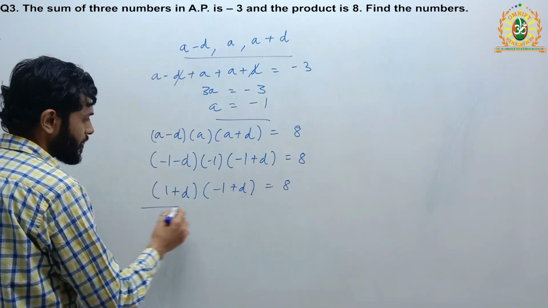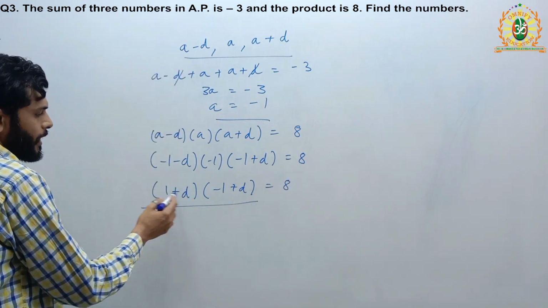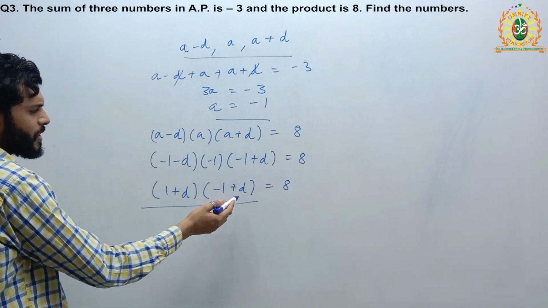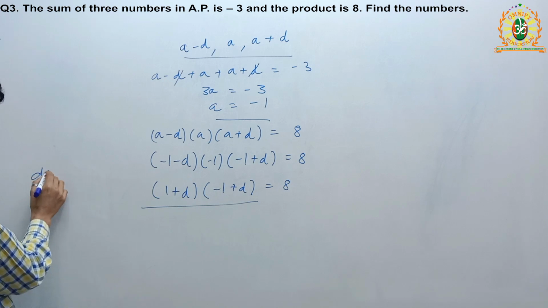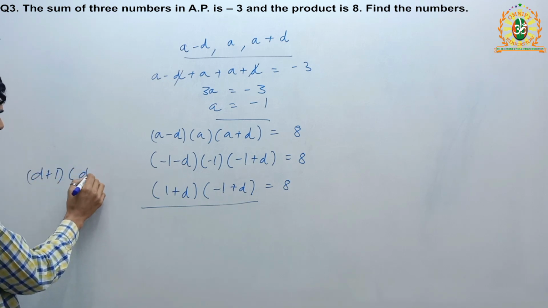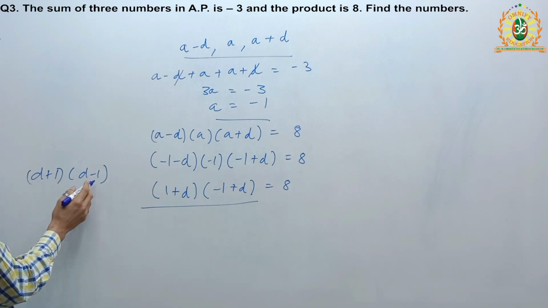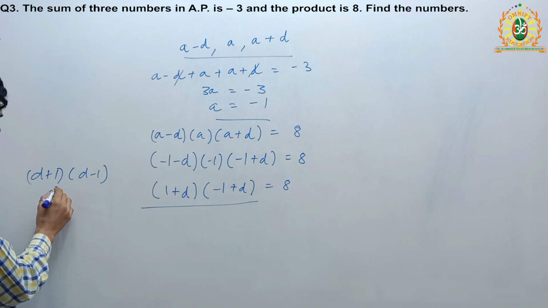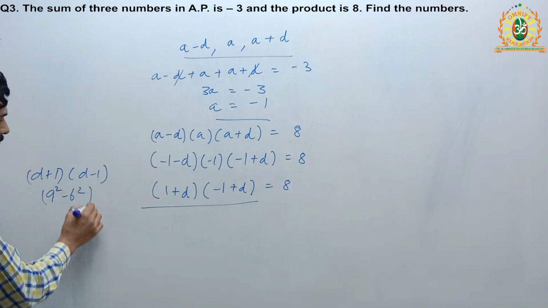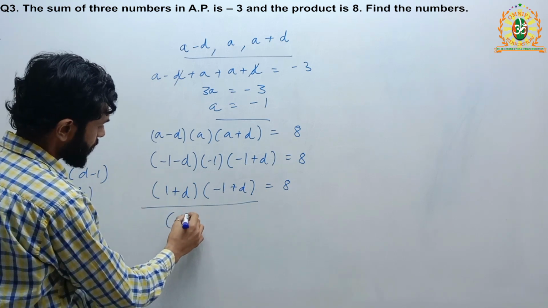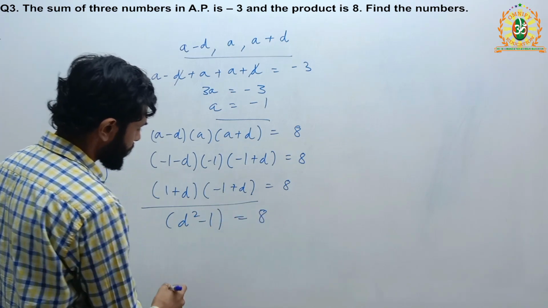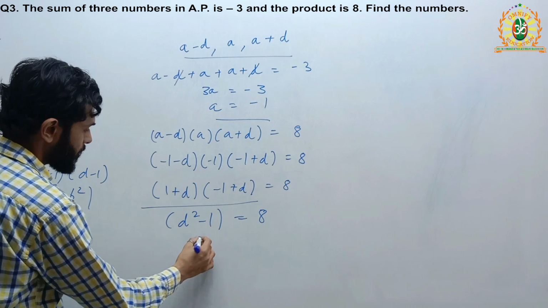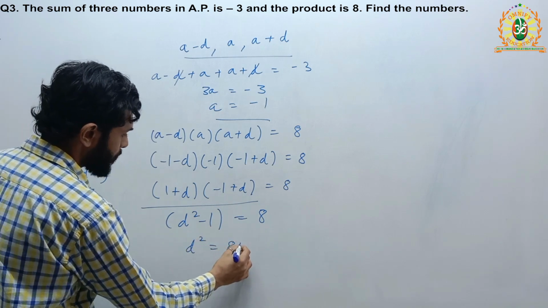Now we can see this is in the form of a plus b and a minus b. If we rewrite this as d plus 1 and d minus 1, it can be written as a plus b, a minus b, and it is the formula of a square minus b square. Hence this can be written as d square minus 1 is equal to 8, or d square is equal to 8 plus 1.